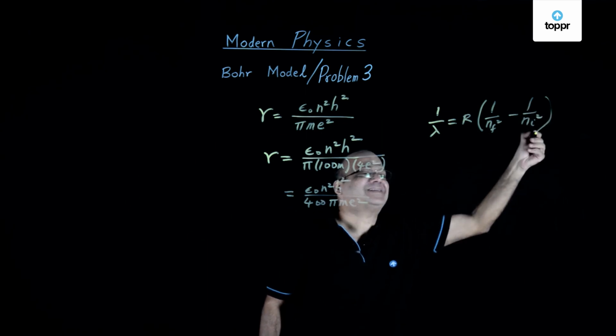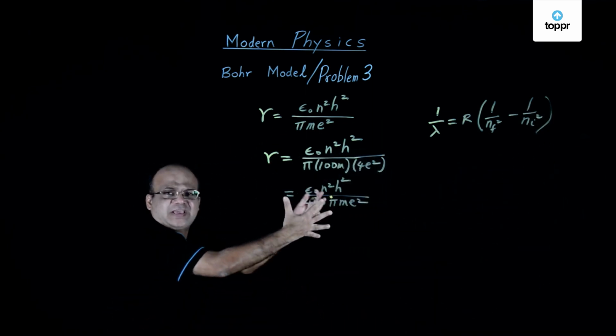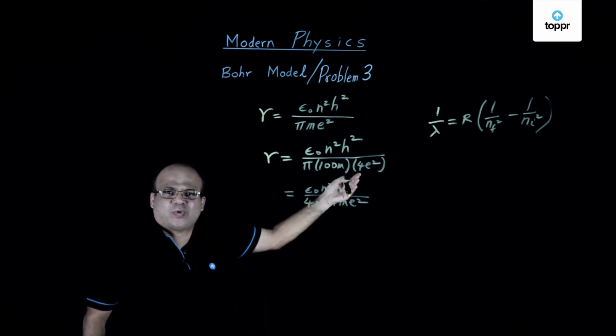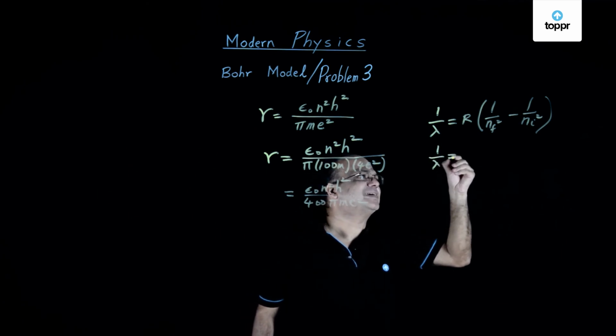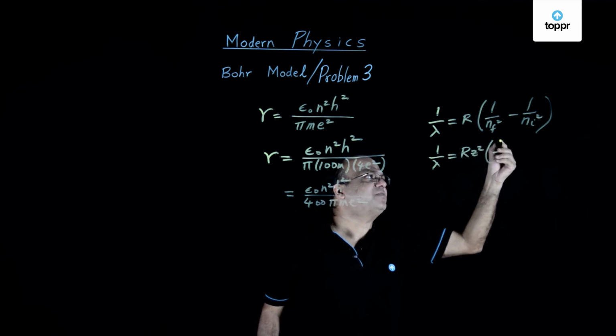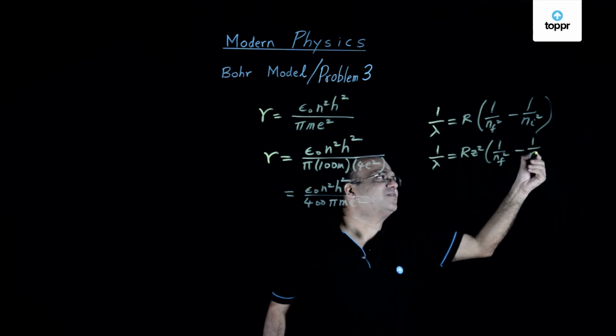You know that, right? Now when you go from hydrogen to hydrogen-like, R gets replaced by R Z square. So 1 by lambda will be R Z square times 1 by nf square minus 1 by ni square.